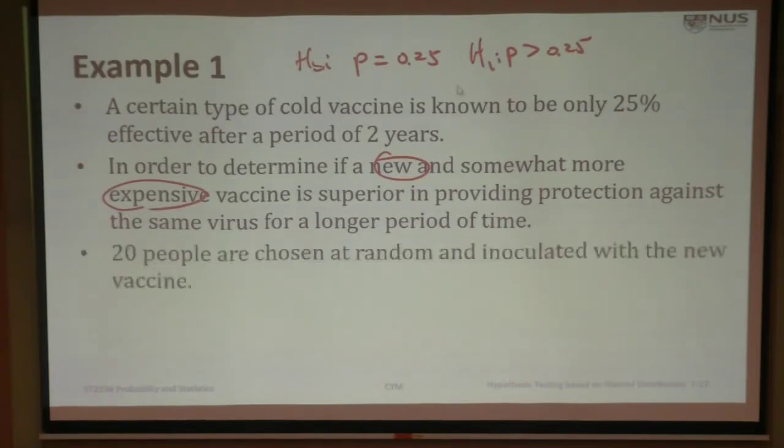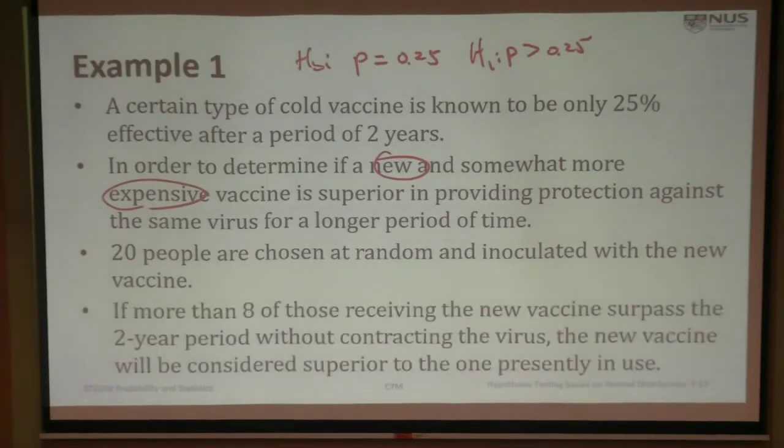So we choose 20 people and inoculate them with the new vaccine, and more than 8. I have not looked at the data, but I decide that if more than 8 of those who received the new vaccine pass the 2 year period without contracting the virus, then we say that the new vaccine is superior.